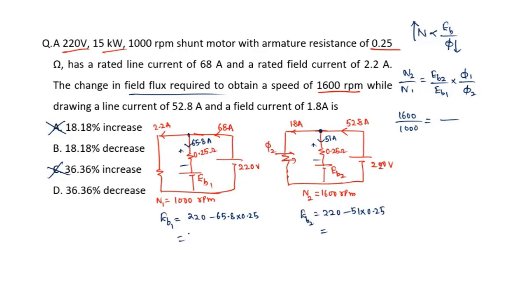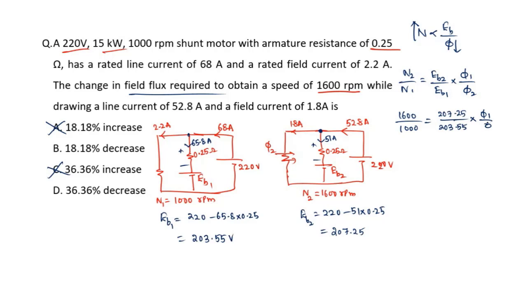If you solve this, 220 minus the answer, I'm getting it as 203.55 volts. The other one is going to be 51 into 0.25, and 220 minus the answer comes out as around 207.25.